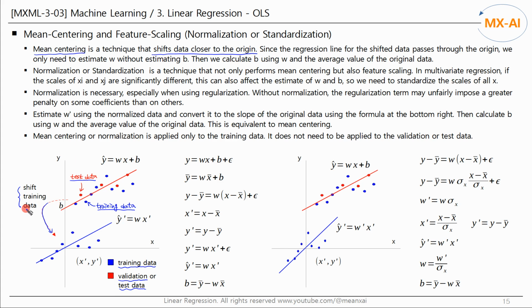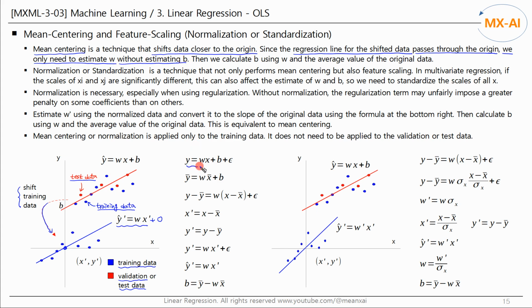Then the regression line of the shifted data passes through the origin. This is the regression line, and the intercept of this line is 0. Therefore, there's no need to estimate B, fix B to 0, and just estimate W.